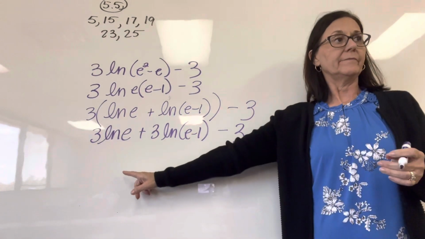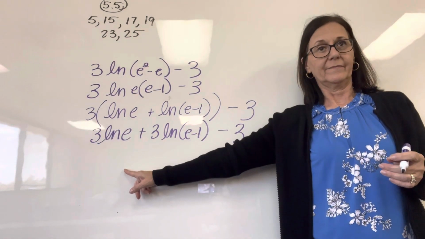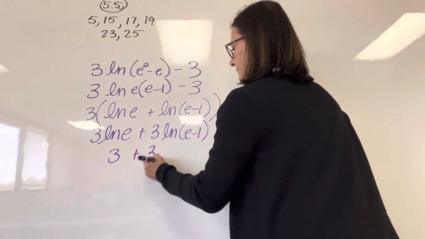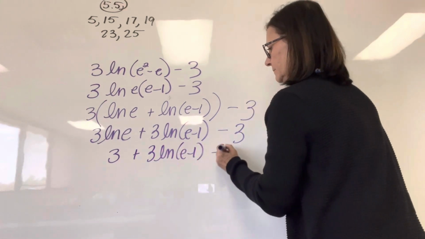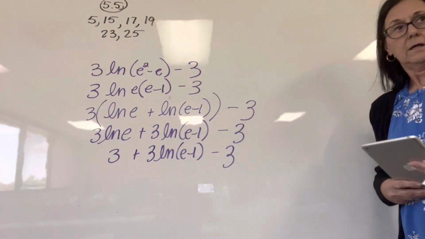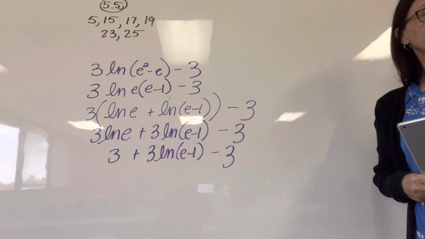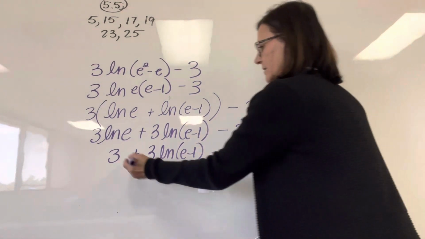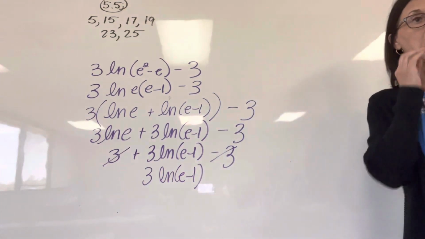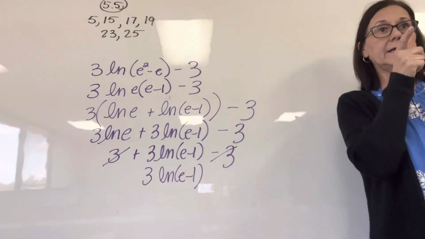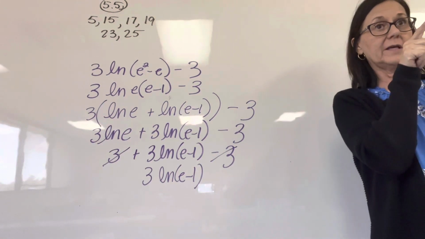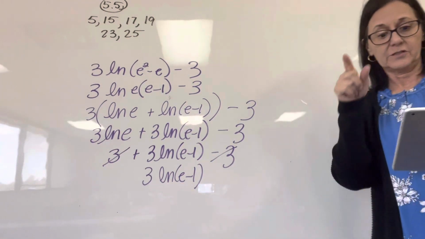What's the ln of e? 1. What's 3 times 1? 3. What happens? They cancel out. You're left with 3 ln of e minus 1. Got it? Everybody following? This is probably the hardest one.